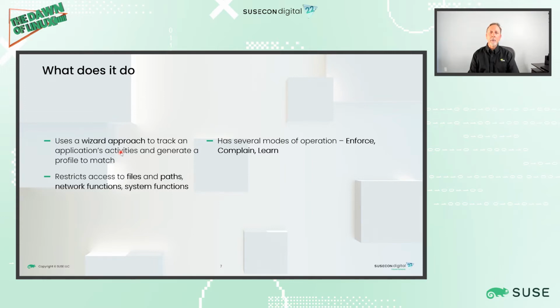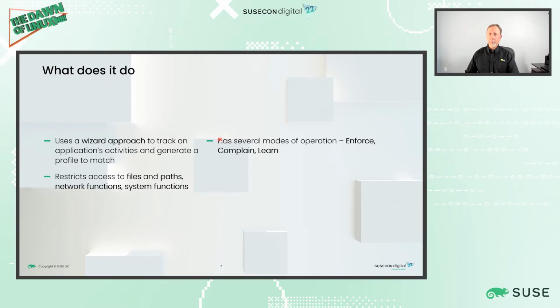It's tracking what an application does on a normal basis. And it can restrict access, notice, to files and paths, also network functions and system functions. So we're able to tap in on almost every level of the operating system, running at the Linux kernel level. And there are several modes of operation that AppArmor operates within.